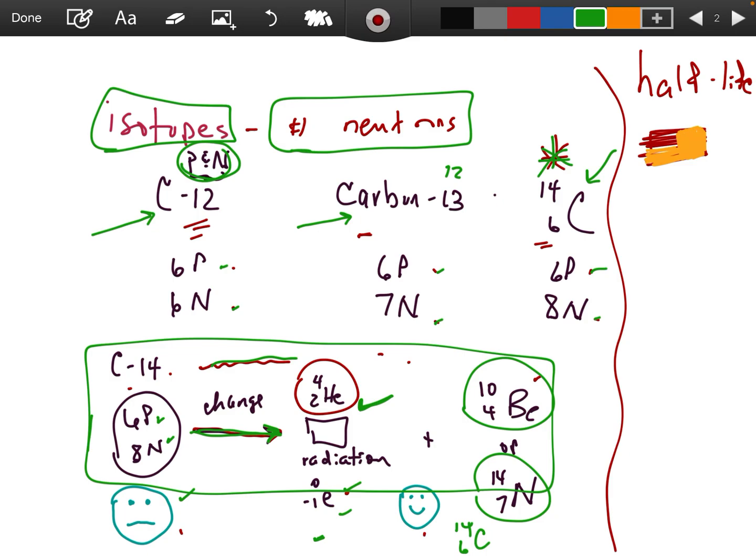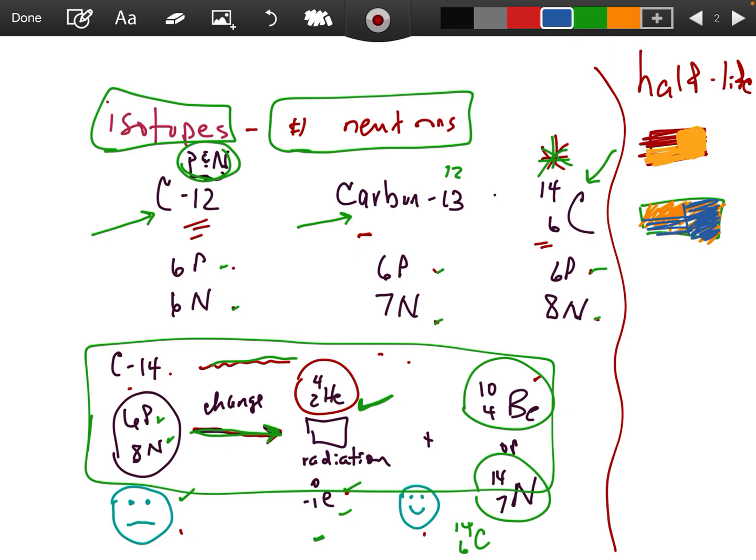We don't actually know when a specific atom will undergo radiation. We do know when half of a sample will change from one element to another element, one half of a sample. So that's called the half-life. Whatever the half-life is, it's constant.